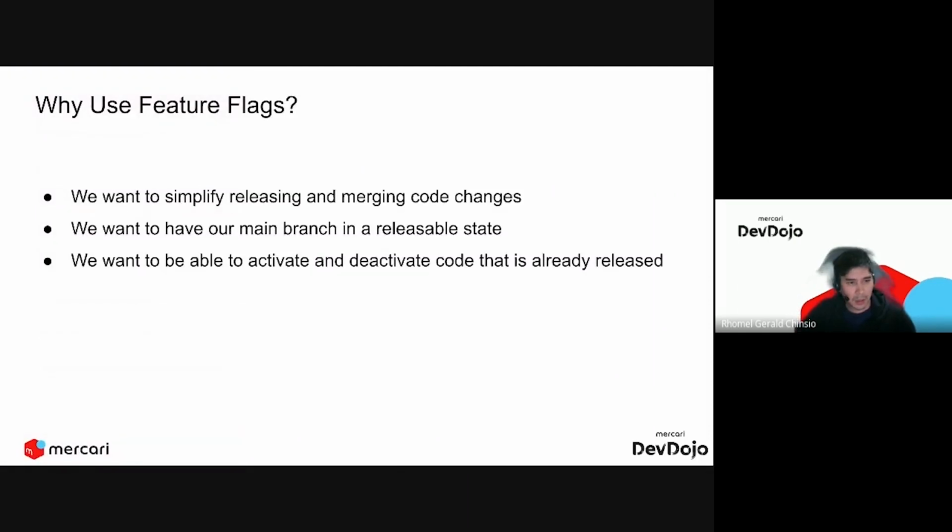So now let's briefly talk about feature flags. So why do we use feature flags? I mean, these are the bullet points, and they seem quite obvious at a glance, but let's get into it.